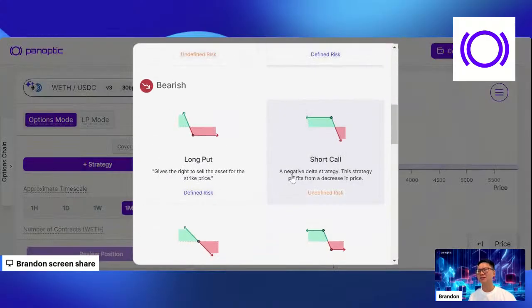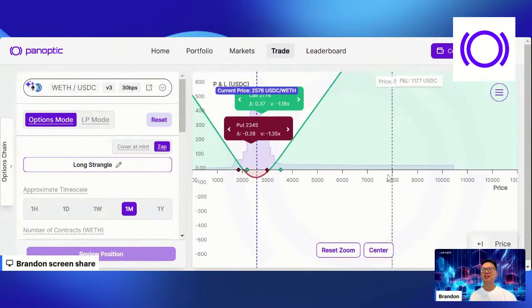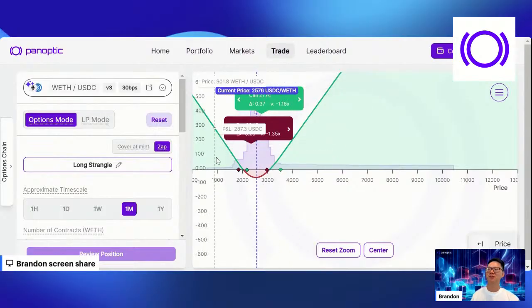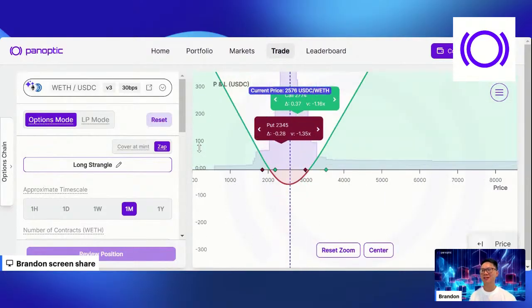So it's this thing called a strangle or straddle. You see here, if the price moves significantly upwards, you're in the green, you make money. If the price moves significantly downwards, you also make money. It's where the price doesn't move where you're in trouble. So nothing's too good to be true, but you're really betting on a big price movement.